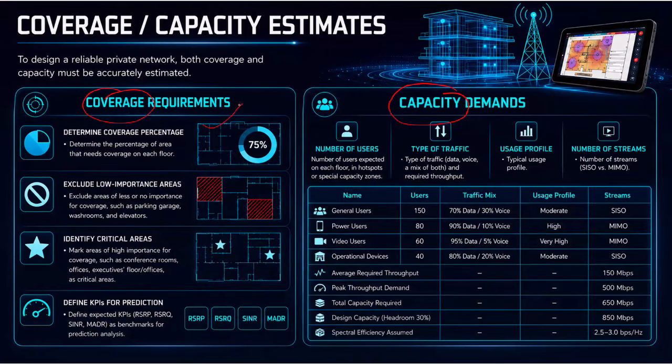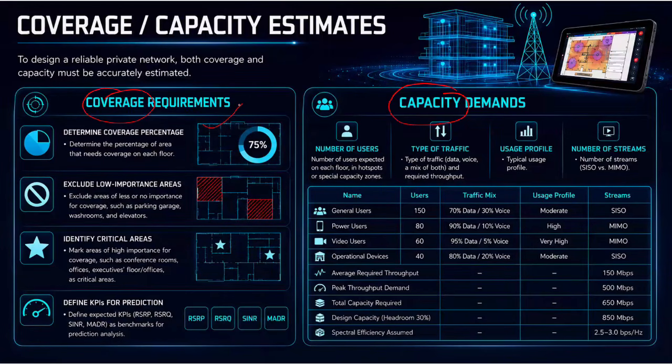During the site survey, we identified the building layout, number of floors, critical areas, wall materials, equipment locations, and different areas where users and devices will operate. Now we need to define how much of that area needs wireless coverage.